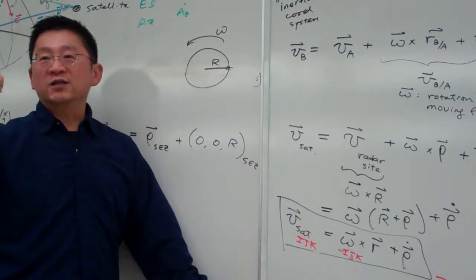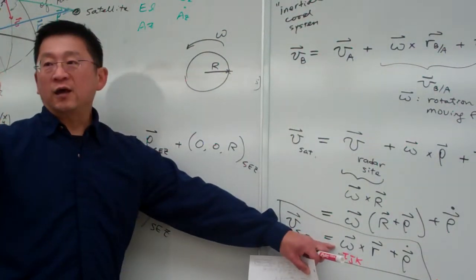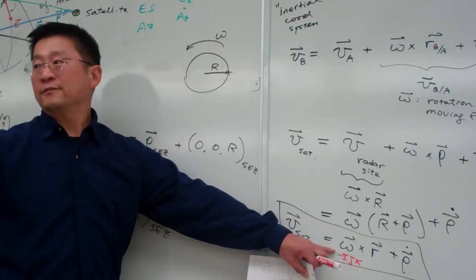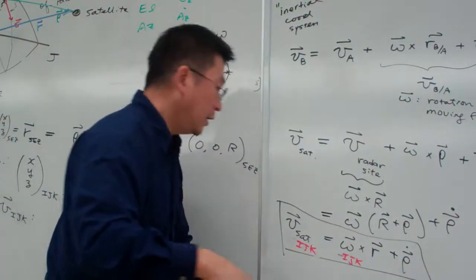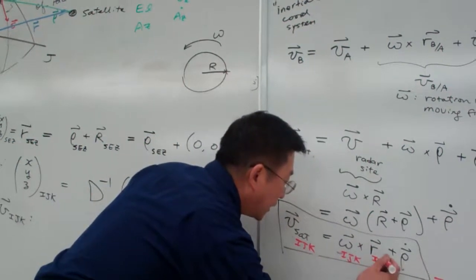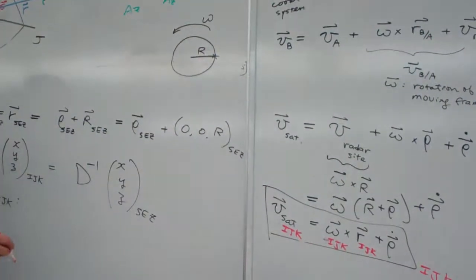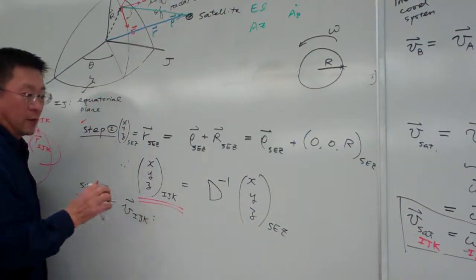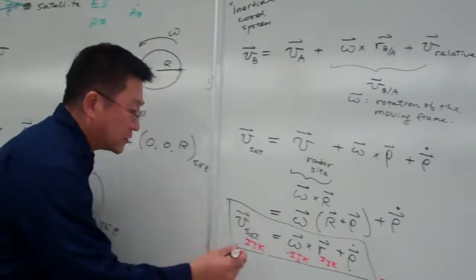So you can expect that omega only has a k coordinate, right? You got it? This is expressed in ijk, and what is our ijk? We have done this already here.